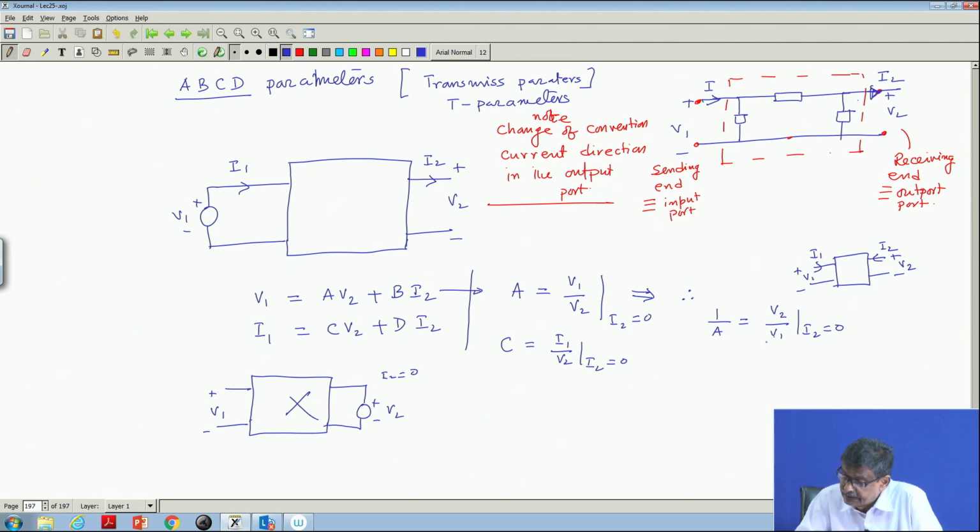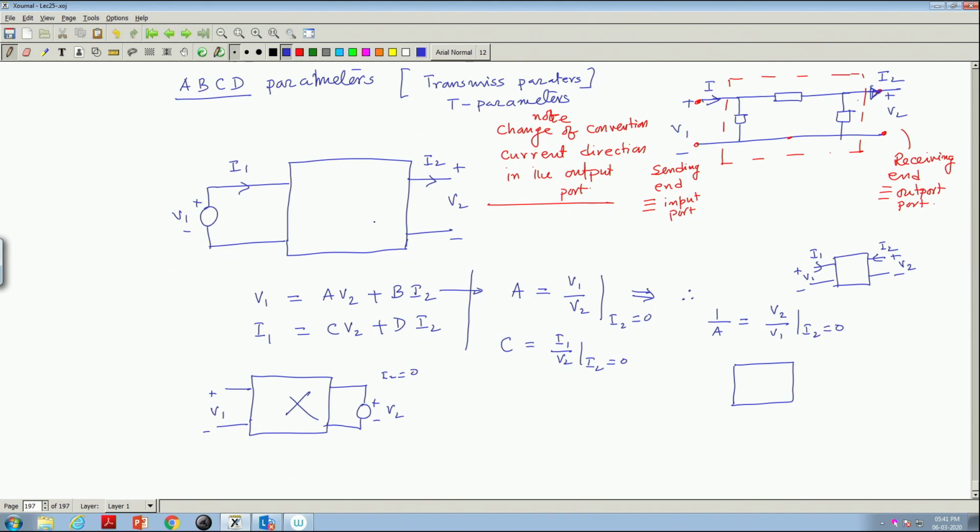So, you take this two port network, excite it with voltage V 1 with I 2 equal to 0, open circuit the other port and measure this voltage, and take the ratio of V 2 by V 1. It will not give you A, but the reciprocal of A. But anyway, once I know, 1 by A can be found out.